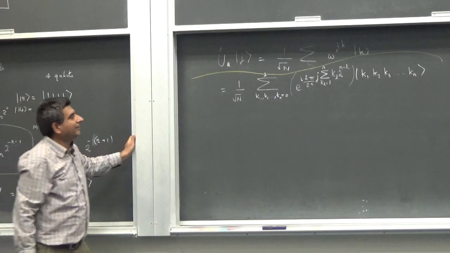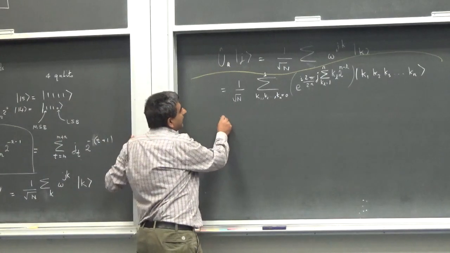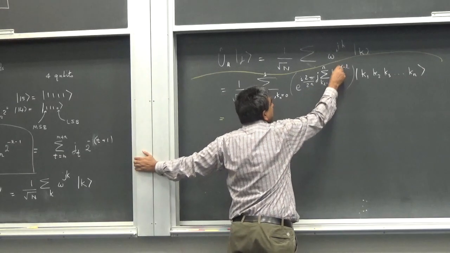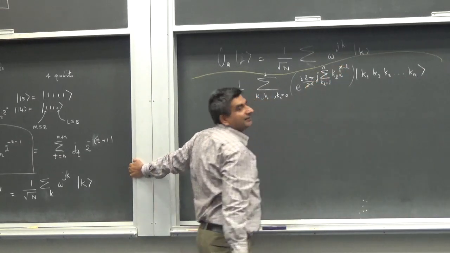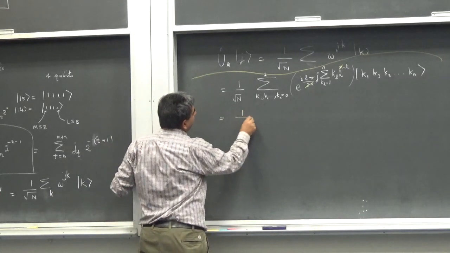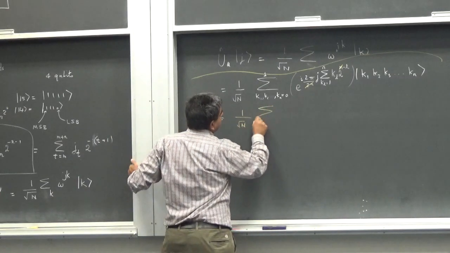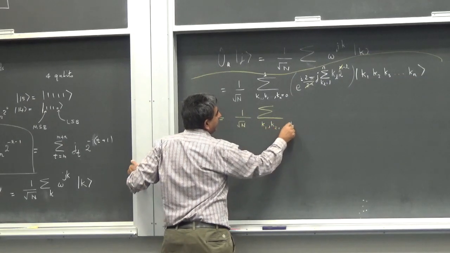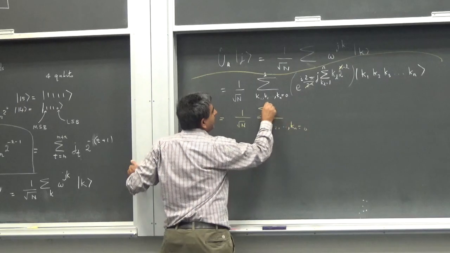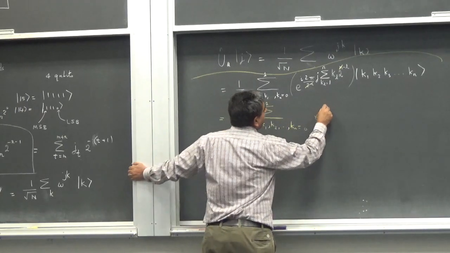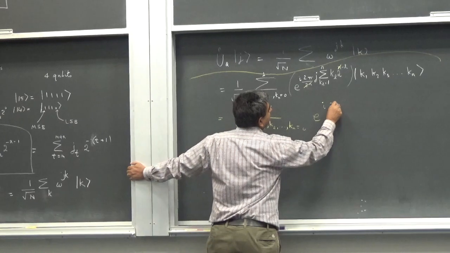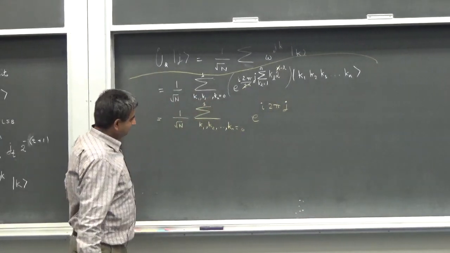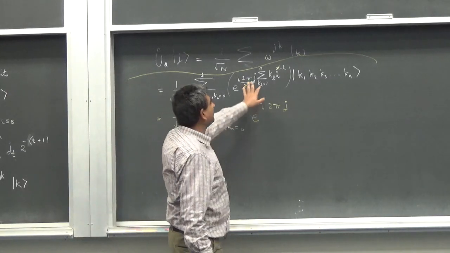Right? Now, if you look, this 2 raised to the power n can be cancelled with this 2 raised to the power n. So I'm left with 1 over root N, k1, k2, up to kn, each 0 or 1, e^(i 2 pi j ...). Now here what do we have?